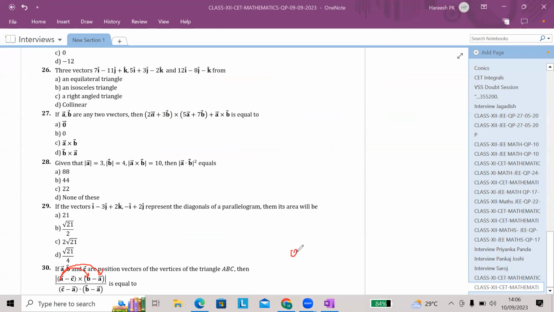So you'll get A cross B minus C cross B plus C cross A. And the denominator will simply be, okay, so let's try to do this more easily.